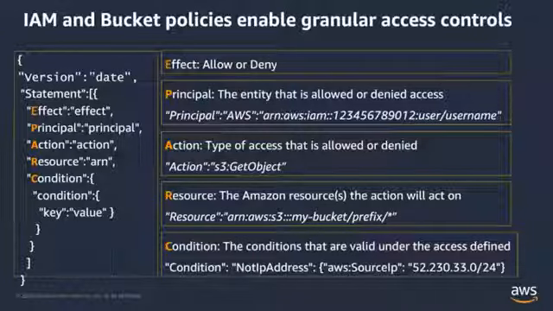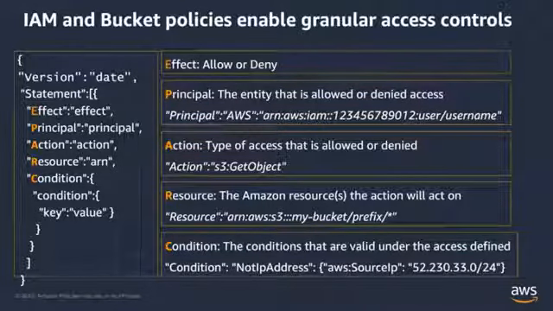I love conditions. Conditions allow you to take the context of the request and then make decisions about that. So the context of the request is various elements of the request, including the IP address that the request is coming from, the principal that the request is coming from, the type of request, the options within that request. For instance, are you asking for encryption to be done?